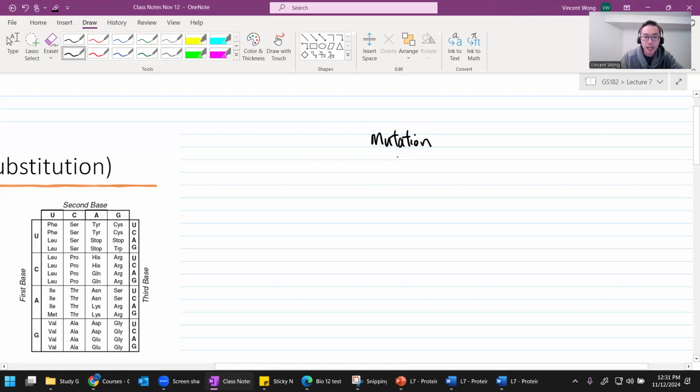Now we're going to be looking at two different types of mutations, and under each category there are subtypes. So we will be looking at point mutation. And for point mutation, we have what's called base substitution.